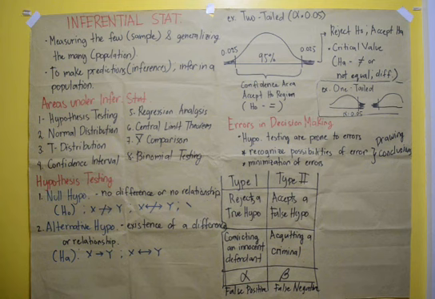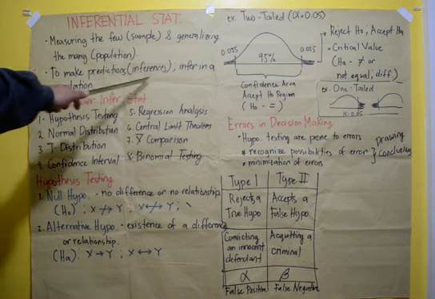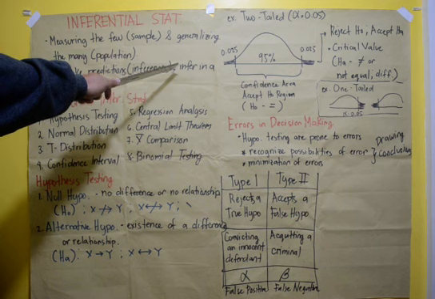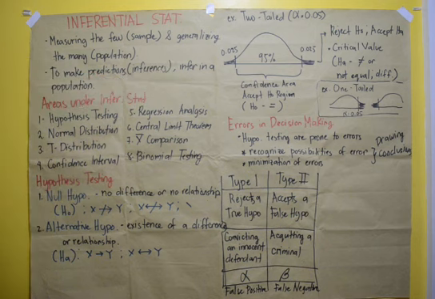But what makes it distinguishable from the definition of statistics is that inferential statistics attempts to make predictions, inferences, or infer in a population. The term infer would now bring us on, di naman ang English major, to your hypothesis testing. We now attempt to prove something. So it's more likely testing, no?